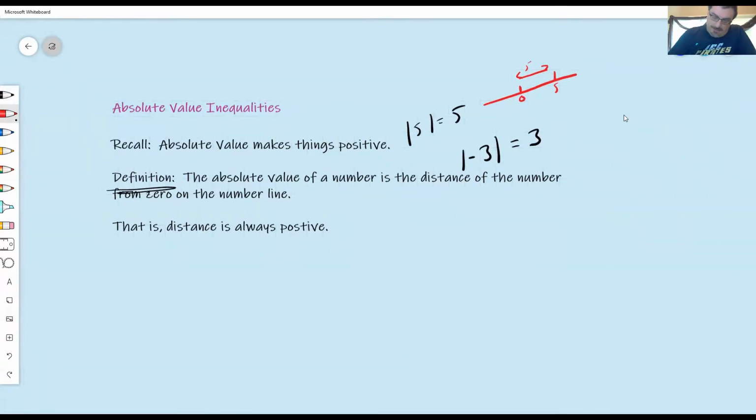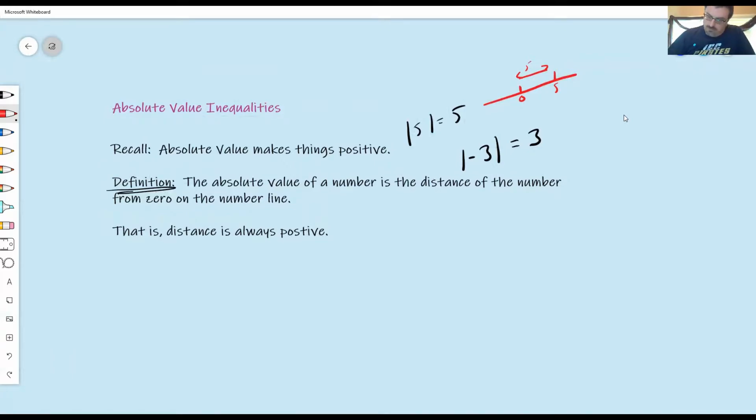That is a positive distance. Whereas look at the other one, the distance of -3 to 0. The distance here is 3 units. Distance is always a positive number, so that's what we're looking at.